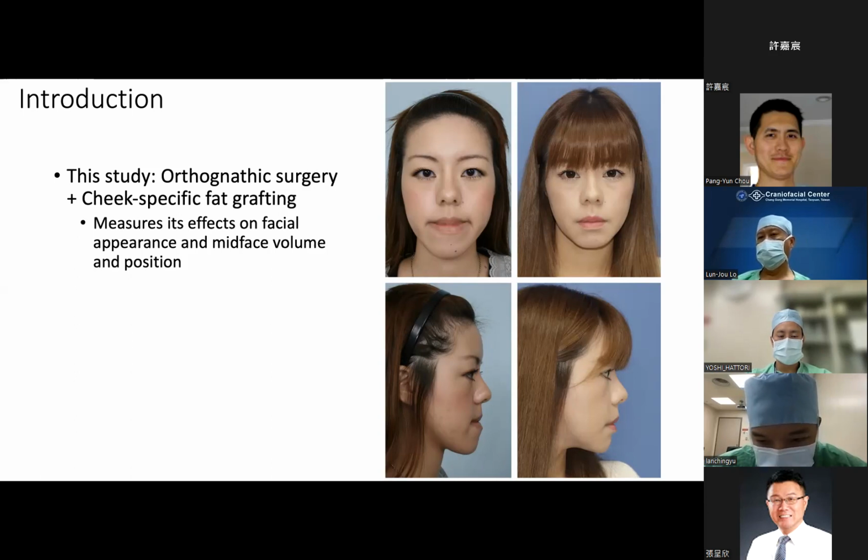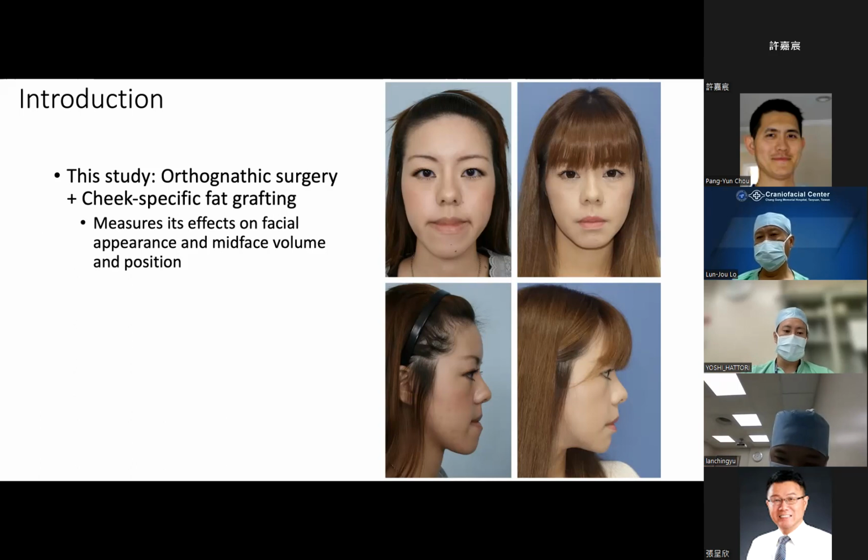And I cannot prove that, but because we do the osteotomy, maybe some mesenchymal stem cells from the bone marrow migrate close to our fat grafting area, and the stress-induced mesenchymal cell is the term they use for the nano-fat.